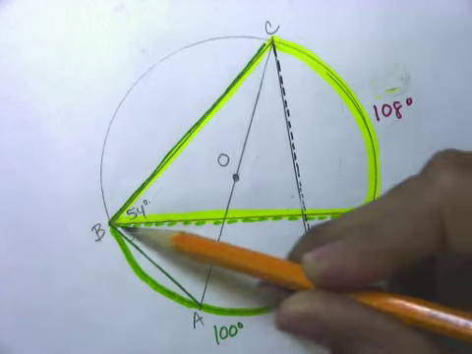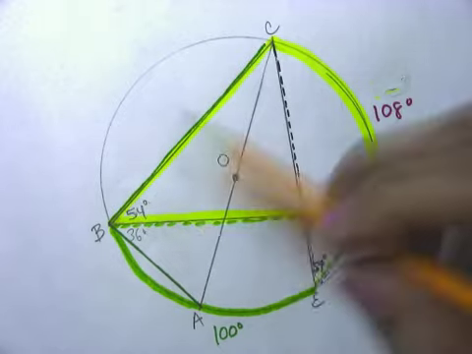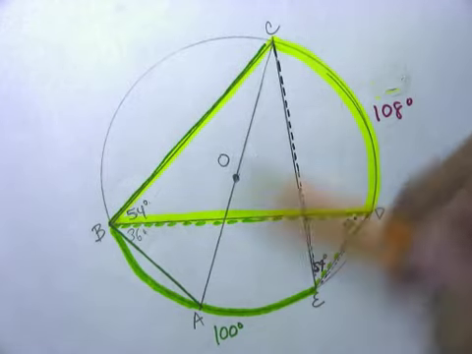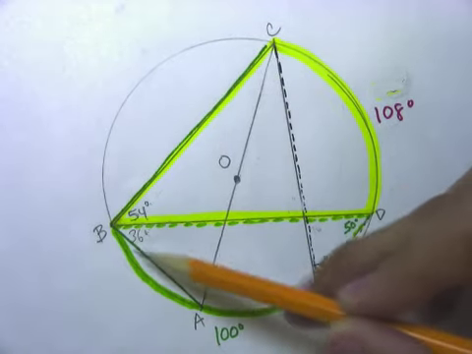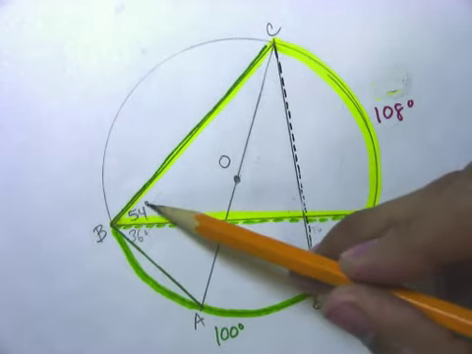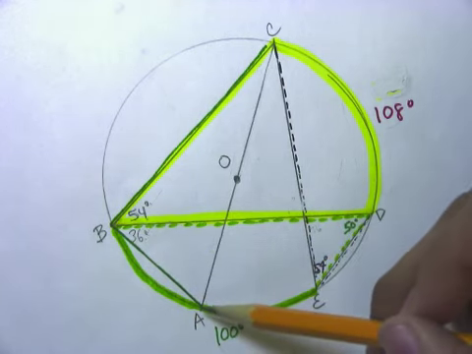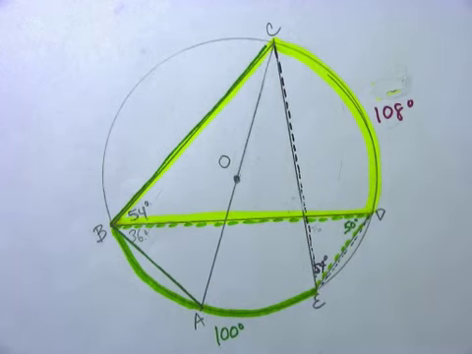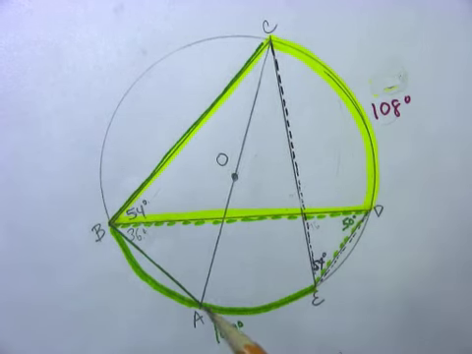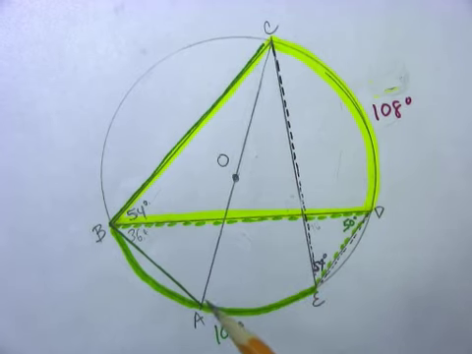So right there, we know the measure of angle ABD, or DBA, is 36 degrees, because angle ABC is 90 because its endpoints are touching a diameter, which is a semicircle, which has 180 degrees. And if this is 54, we know that this is 36 degrees. So we can answer question number 8 for angle ABD, which is 36 degrees.